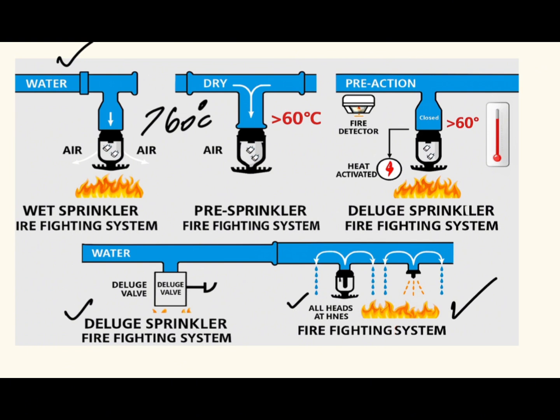As soon as a sprinkler head detects the heat, first air will escape, and then water will be discharged, as soon as heat reaches this threshold value. So there might be a slight delay because first air will be released and then water will be released, right?